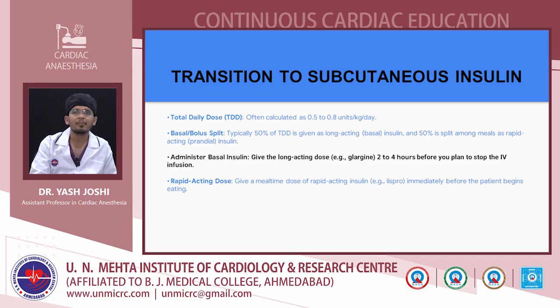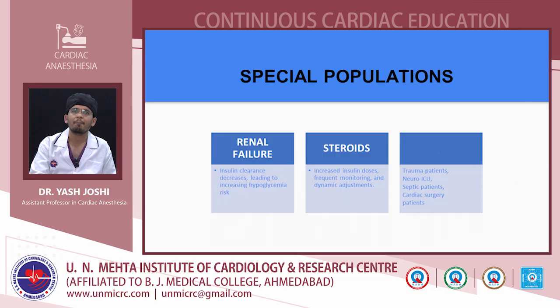Typically 50% of this daily dose is administered as basal insulin, that is longer acting, and the remaining 50% is divided into meal-related bolus doses, which are short acting insulin. An important teaching point here is that the basal insulin should be administered 2 to 4 hours before stopping intravenous insulin. Failure to do so can result in rebound hyperglycemia.